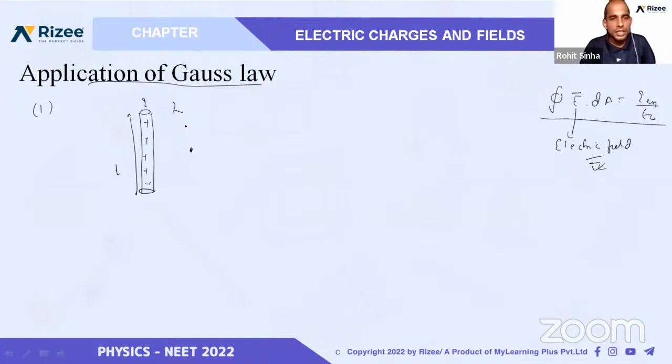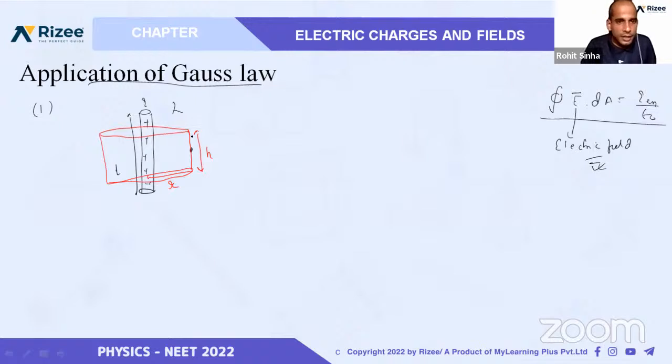For a line charge, the easier calculation is to draw a cylinder like this, touching this point. Let us take the length of the cylinder as H, and the radius, the distance from here, as R.